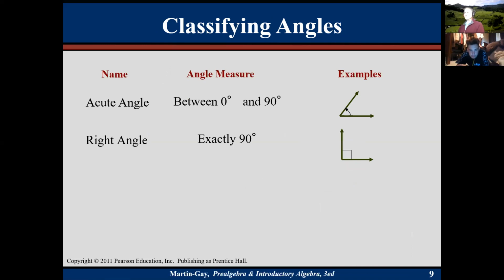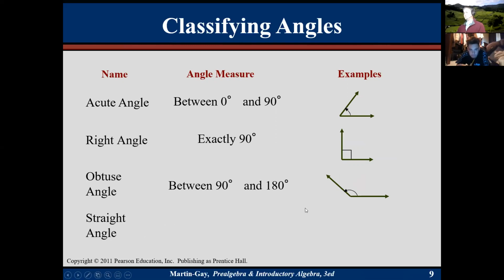Then there are obtuse angles, which are between 90 degrees and 180 degrees, and so this would be an obtuse angle. A straight angle is exactly 180 degrees. You can see that this straight angle is actually two rays that are joined at a center point, and that's actually just a line.